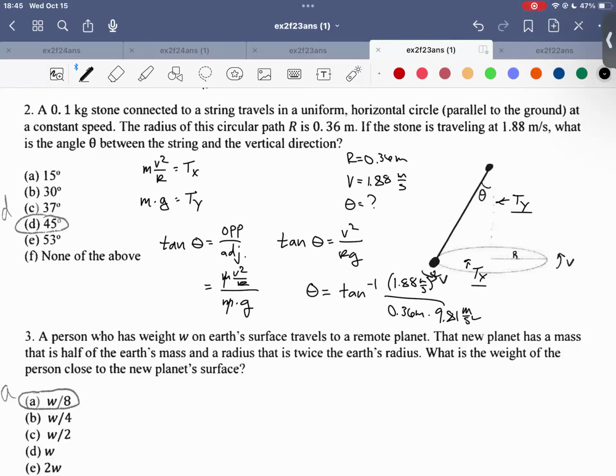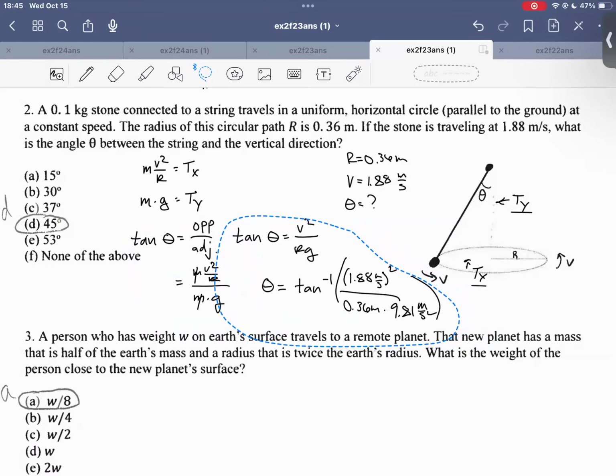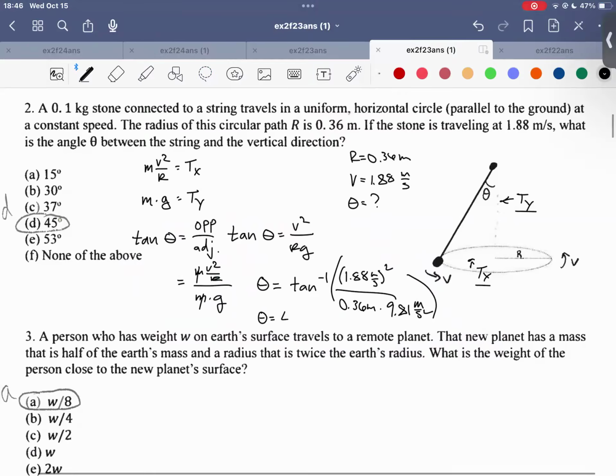Sorry, that's really sloppy. And then from there you just solve, and that should give you the correct answer. So this gives you theta is equal to 45 degrees.